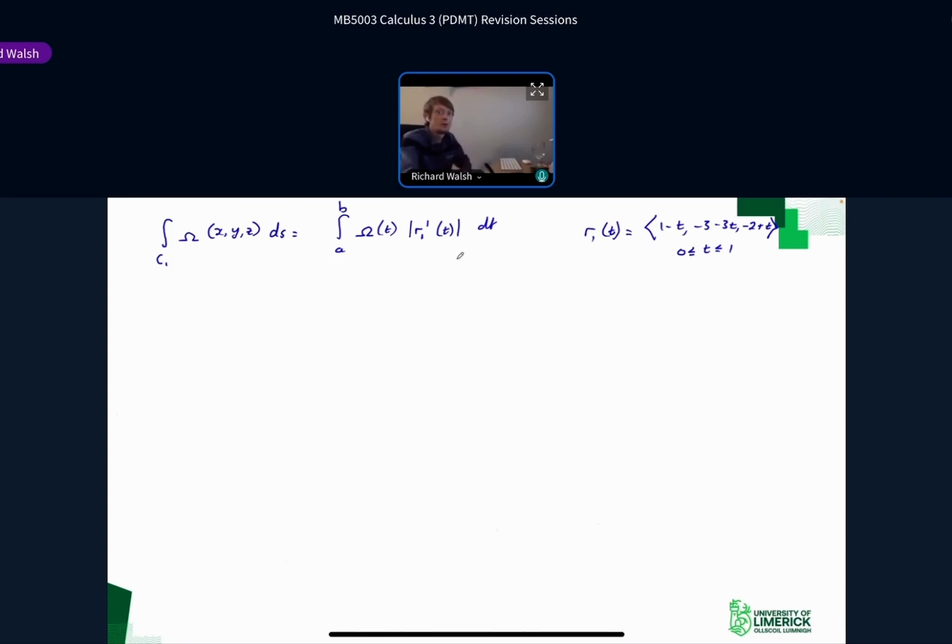So for our formula here, a and b are the start and end t values, so they will be 0 and 1. I need to transform my function into a function of t.